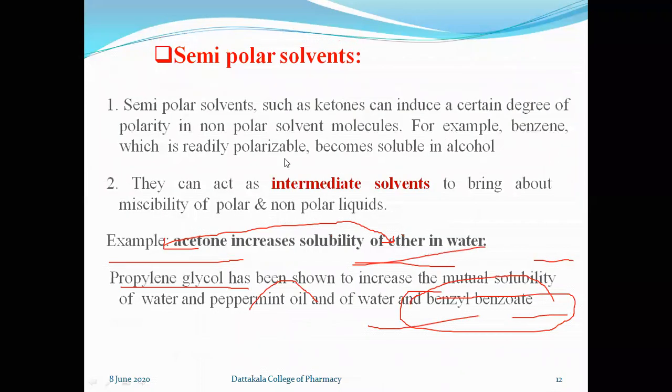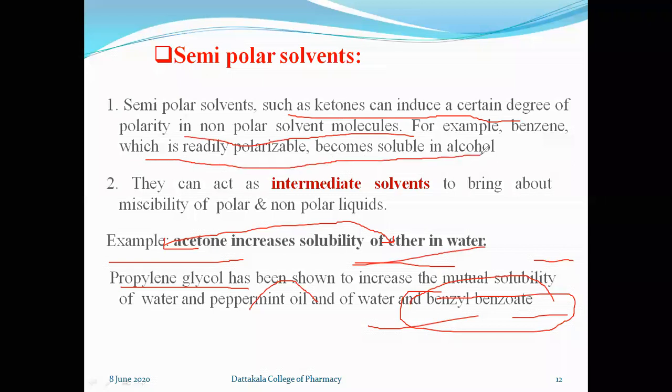Next are the semipolar solvents. Semipolar solvents such as ketone can induce a certain degree of polarity in non-polar solvent. For example, benzene, which is readily polarized and becomes soluble in alcohol.